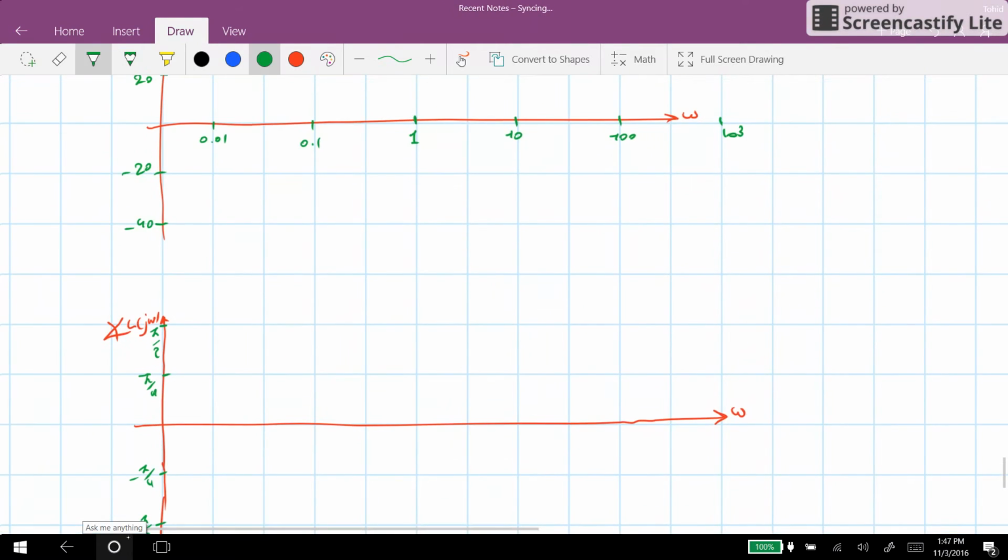And the frequencies are the same as what we have for the amplitude plot.